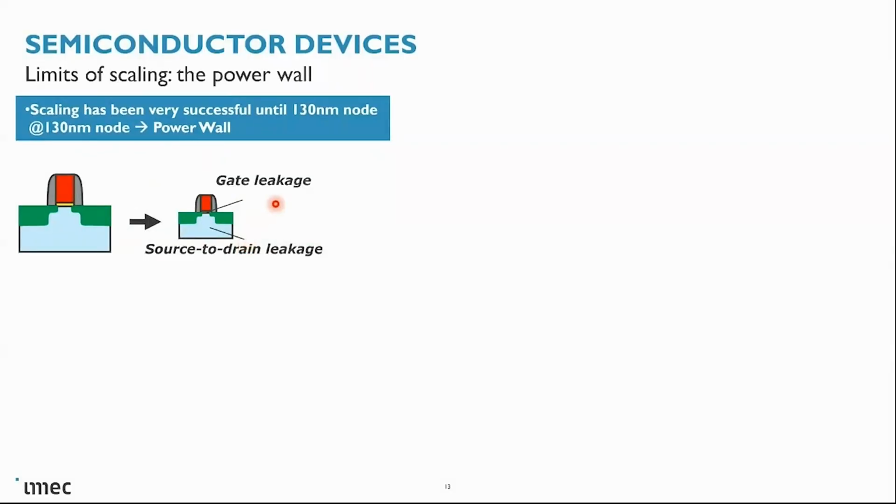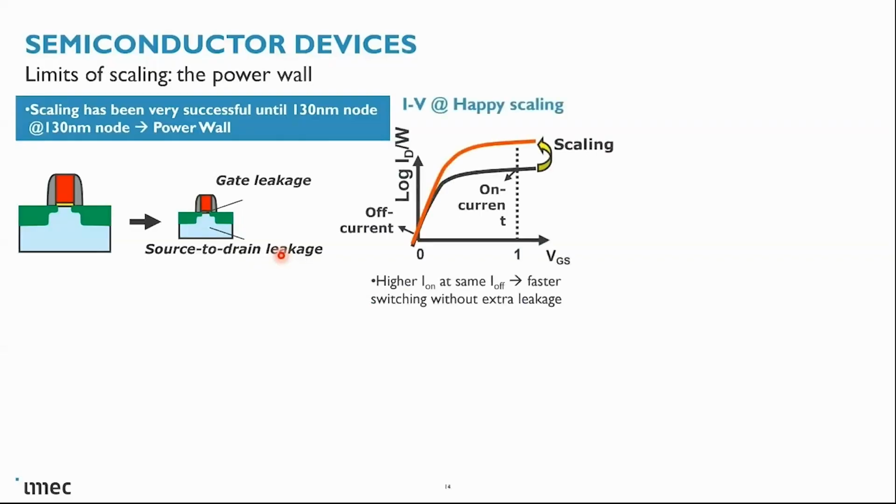Gate leakage, because the gate oxide became so thin that it allowed electrons to tunnel through, and source-to-drain leakage, because short channel effects allowed current to sneak across even when the device was supposed to be off. These leakages directly increase static power consumption. So this is the characteristic I showed you in the previous slide of the area of Dennard scaling.